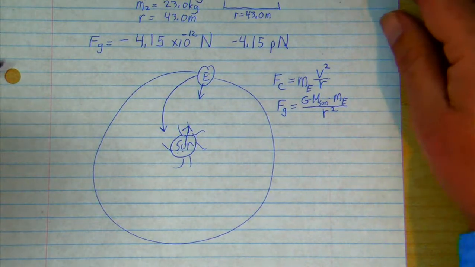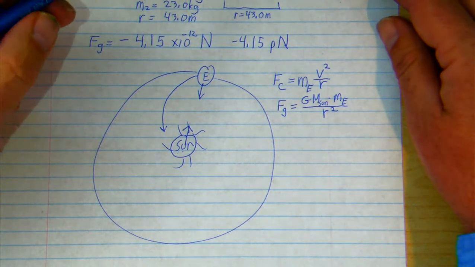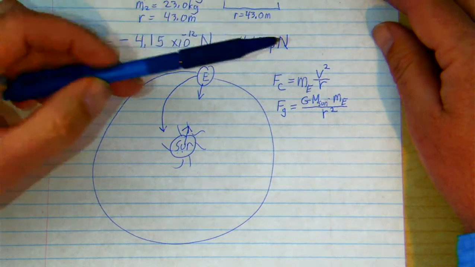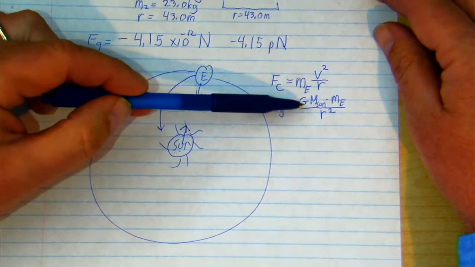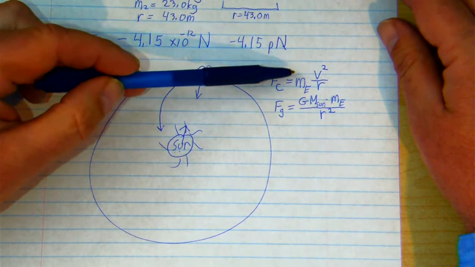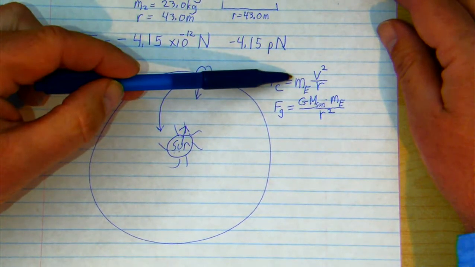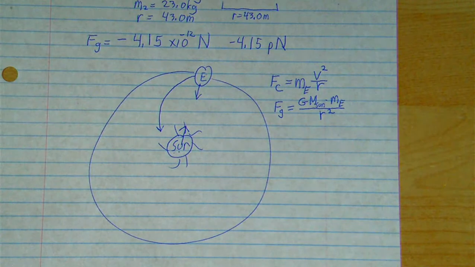Speculate, please. What do you think would happen to the Earth if the force of gravity of the sun pulling on the Earth were less than the centripetal force needed to keep the Earth in its orbit around the sun?